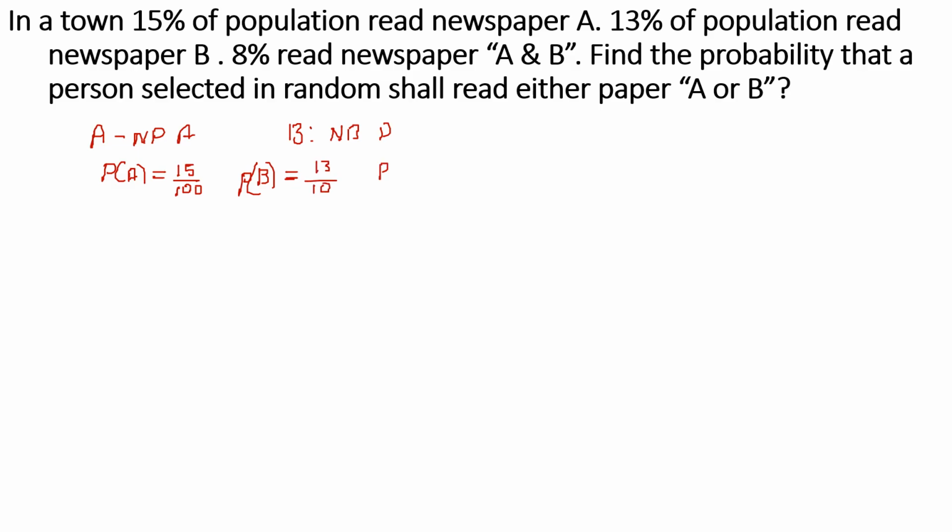Also given that 8% read both newspapers A and B, so A intersection B is equal to 8 by 100.